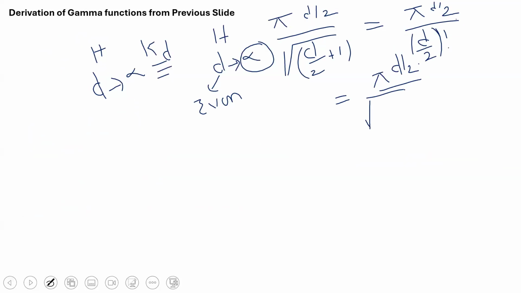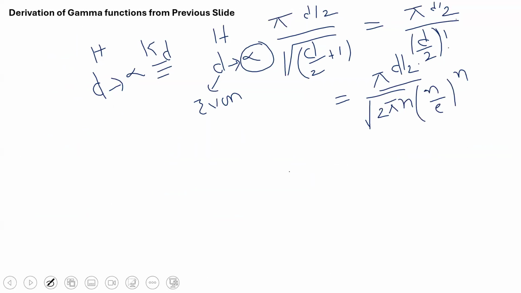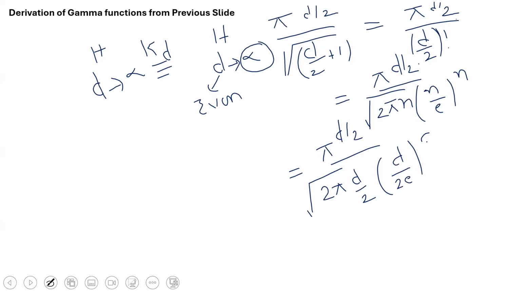So that becomes root of 2 pi n into n by e whole to the power of n. That is what is given, right? Now n has to be replaced with d by 2. So pi to the power of d by 2 by root of 2 pi d by 2 into d by 2e whole to the power of d by 2. So 2 will get cancelled.